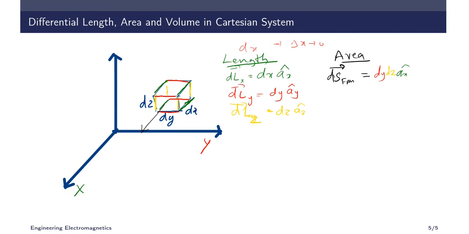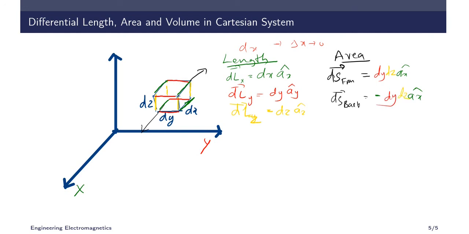Can you tell me the area vector in the backward direction? ds back, the area vector towards the back direction, has minus ax cap as the direction. And what are the dimensions? You can see the back side, y and z. So again it will be dy into dz.